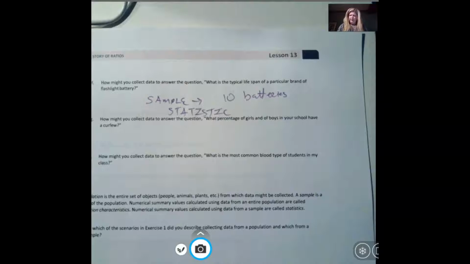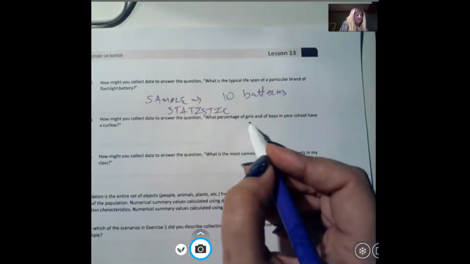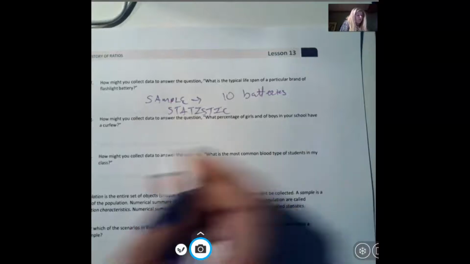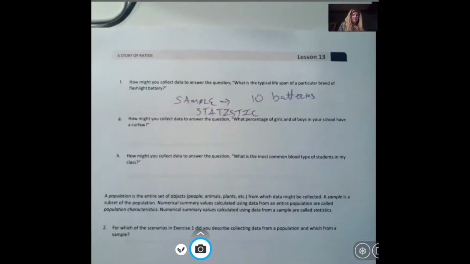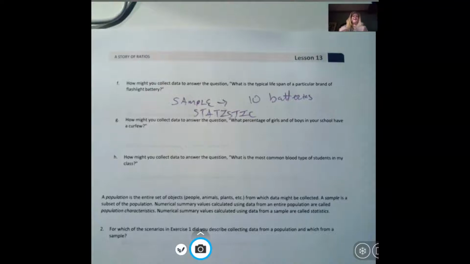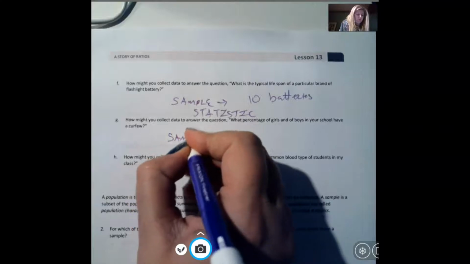How might you collect data to answer this question? What percentage of girls and boys in your school have a curfew? If you did the whole population, you would have to ask every boy and every girl at the school. That might not be reasonable. At Robinson, we have over 1,000 kids, so probably not very reasonable. So you could do a sample.